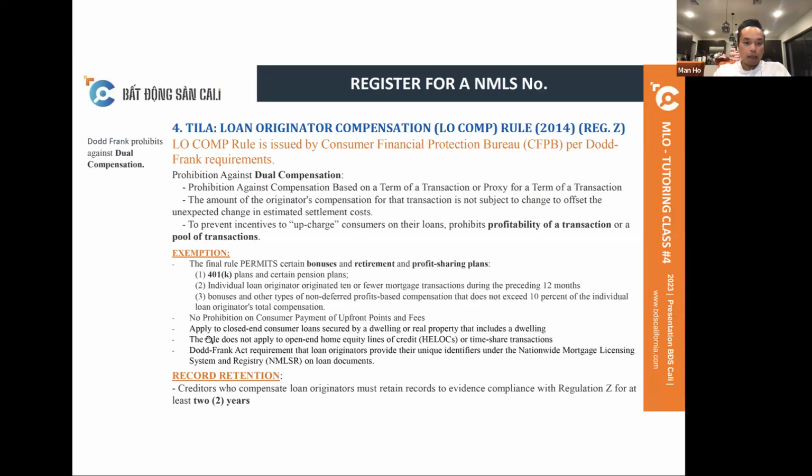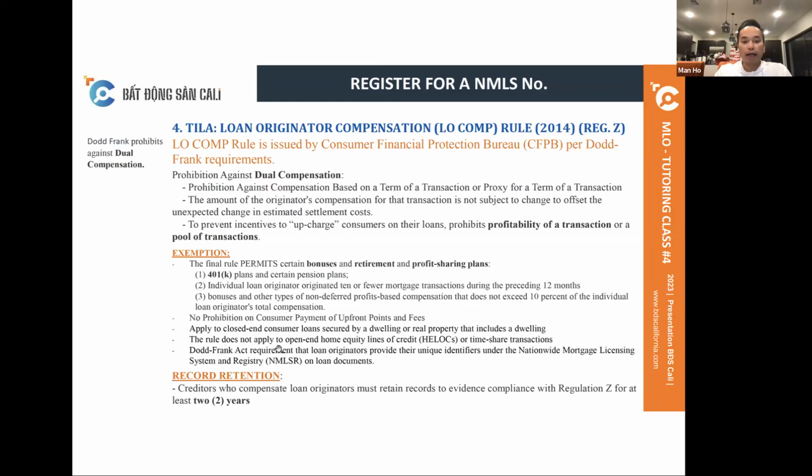The rule applies to closed-end consumer loans secured by a dwelling or real property that includes a dwelling. So it says this loan originator rule applies to a closed-end consumer loan, meaning a loan that you will close when you are buying a real property.